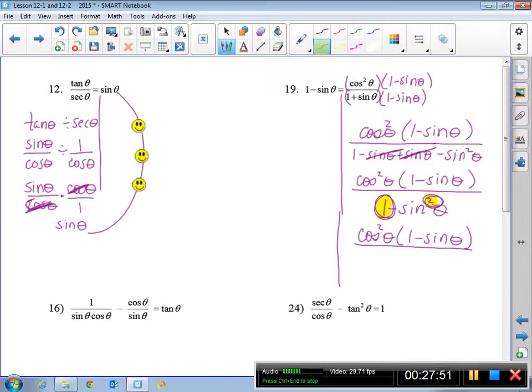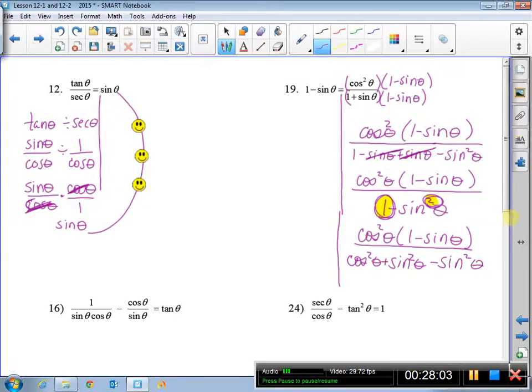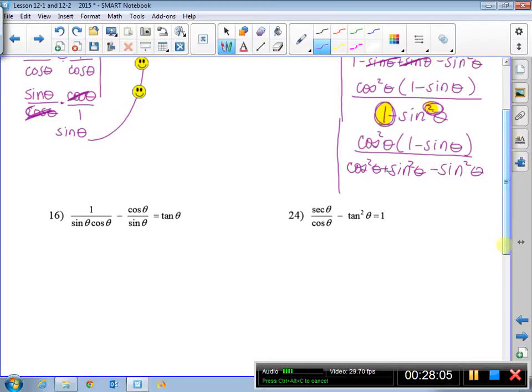So cos squared theta plus sine squared theta minus sine squared theta in that denominator actually leaves me with cosine squared theta. These sine squareds cross out.